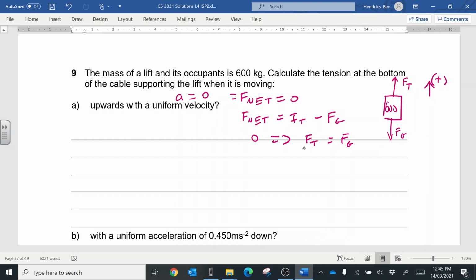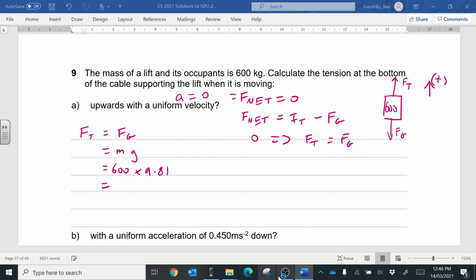Alright, so upwards with a uniform velocity. So then if Ft equals Fg in this case, because it's not accelerating, it's equal to its mass times gravity, which is equal to 600 times 9.81.